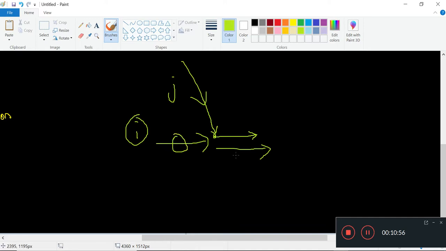If this is just a scattering medium, it will be the original ray plus whatever is scattered in this direction I. So this is called in scattering.